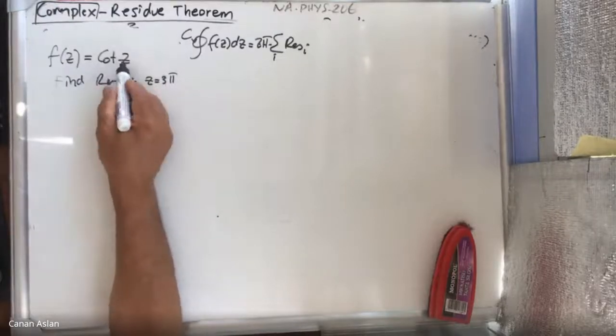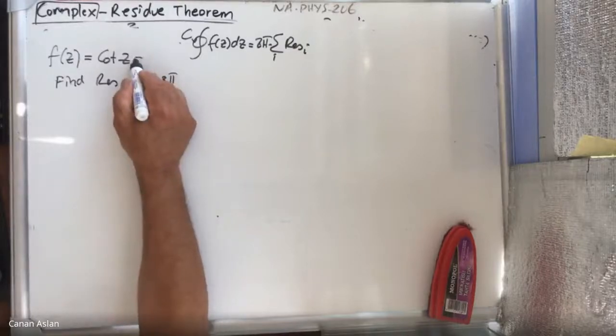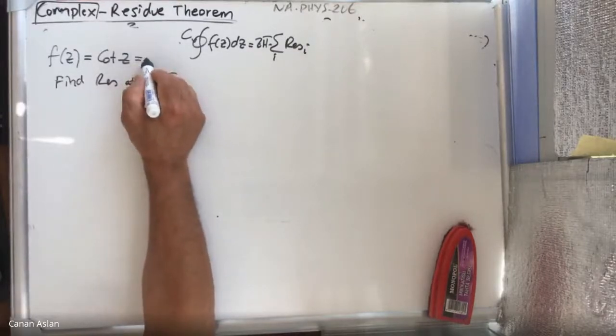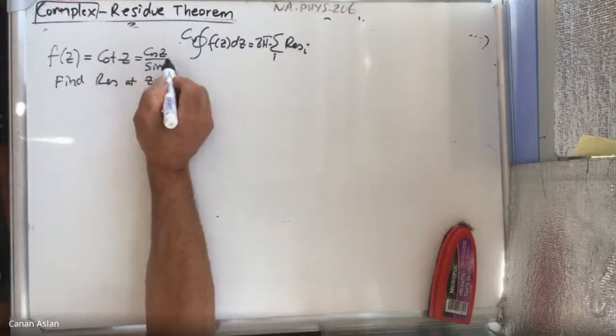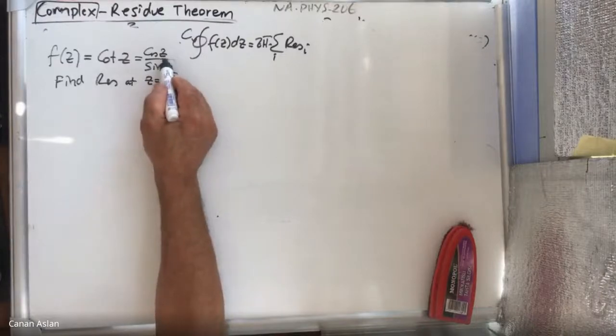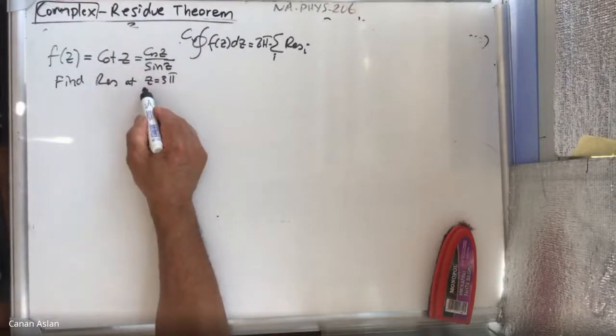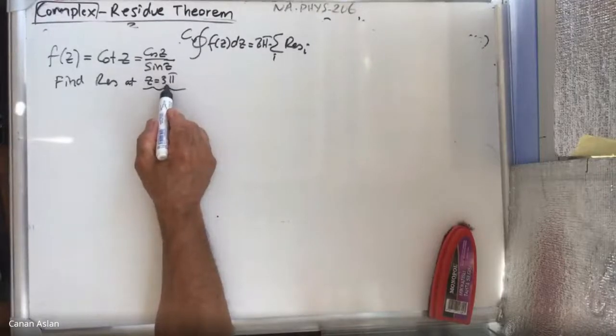At z equals 3 pi, this function will blow up, right? Because cotangent z is 1 over tangent, or just cosine z divided by sine z. Wherever sine z is 0, it will be a pole, or just a singularity. But now they want you to find the singularity at 3 pi.